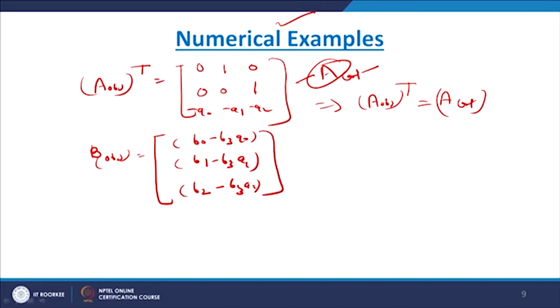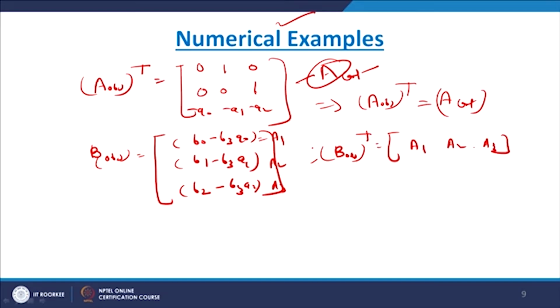Now, what we will do is make the transpose of this. So B observable transpose, what do we get? Let us say this is A1, this is A2 and this is A3.